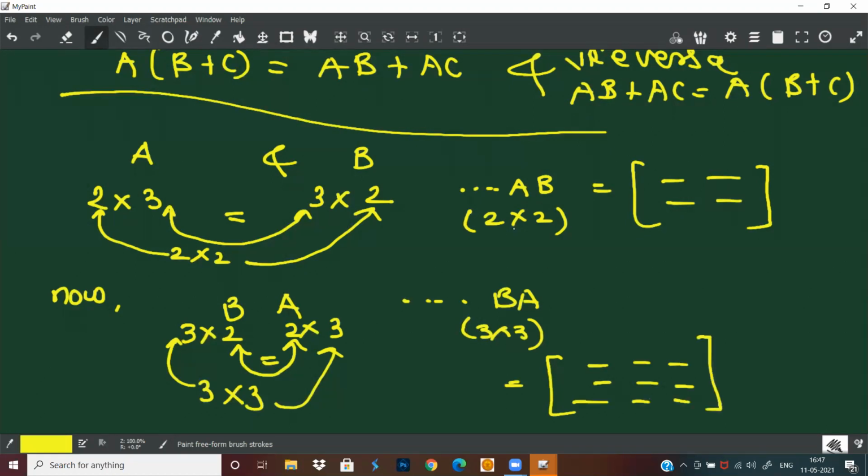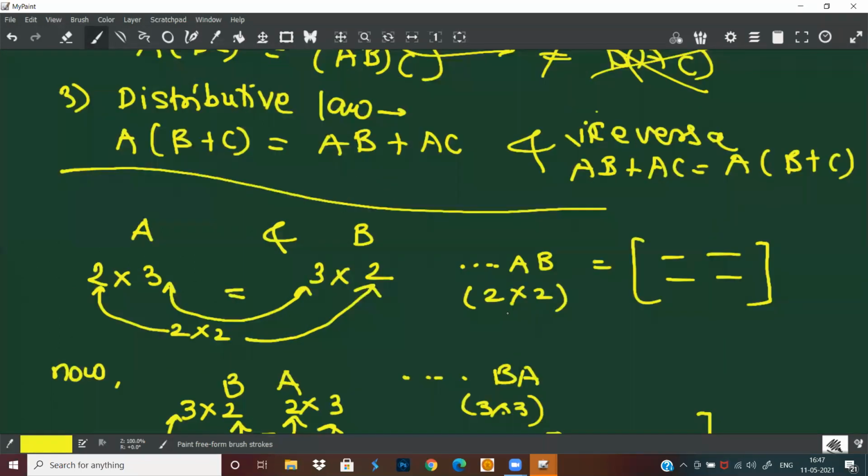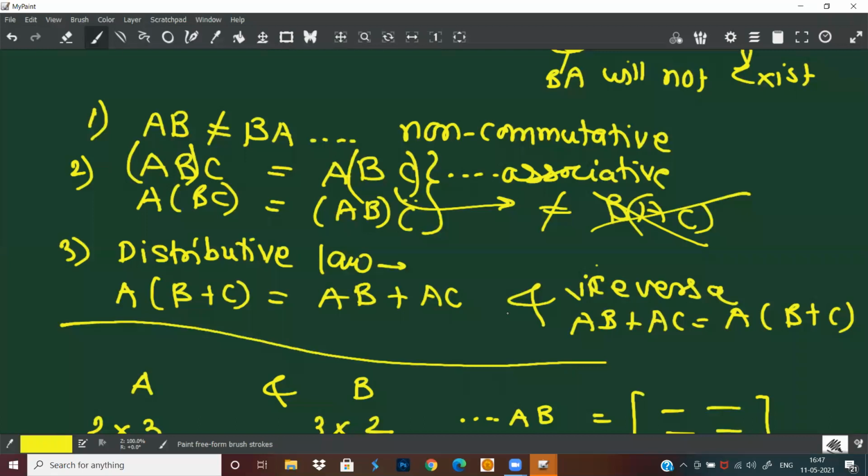So the orders of the two matrices are not the same. So how can they be equal? So AB will not be equal to BA always. So we say AB is not equal to BA. When I say in general AB is not equal to BA, it doesn't mean that it is never equal. It means that it is not always equal.